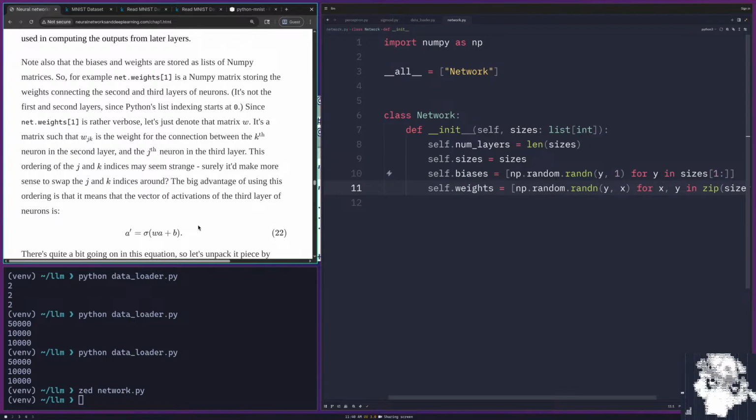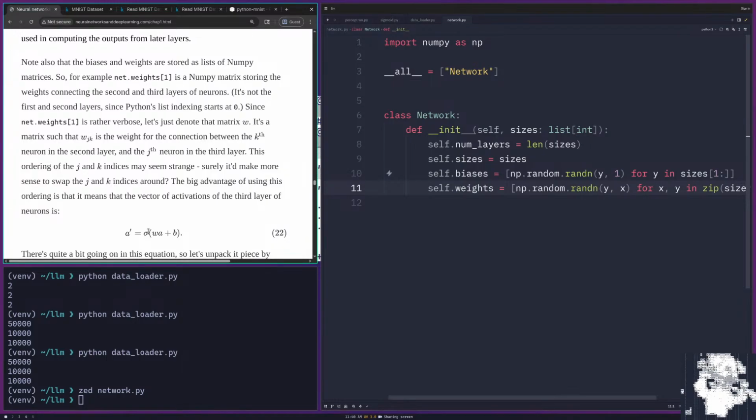So the thing is, these are vectors now. Before, when we were using sigmoid, the output of the sigmoid was a single number.